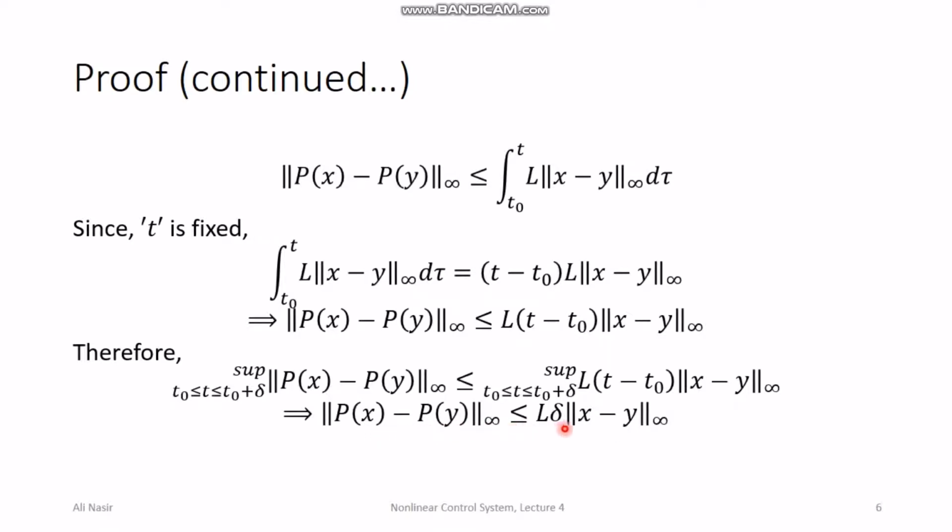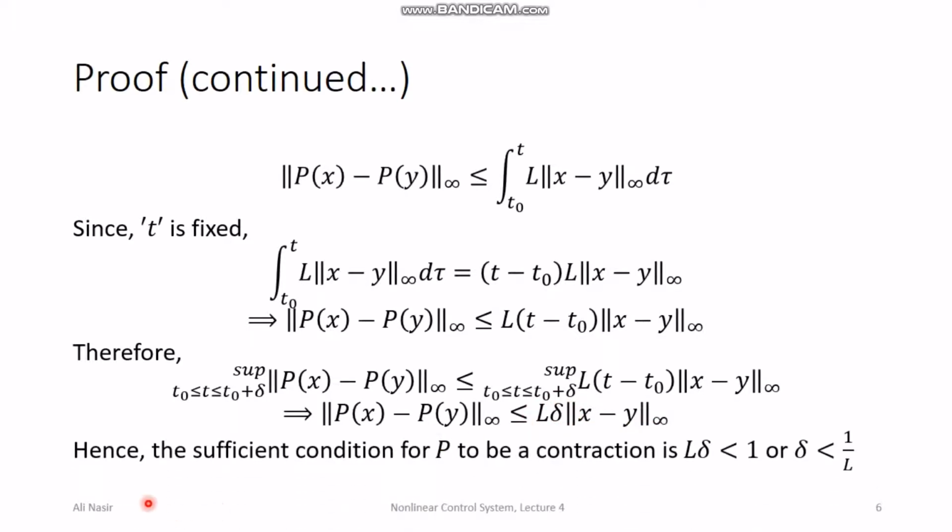Now if you look closely, the norm of p of x minus p of y is less than or equal to L delta times the norm of x minus y. Hence the sufficient condition for p to be a contraction is L times delta less than 1, that is, delta, the interval of existence of the solution, must be less than the reciprocal of the Lipschitz constant of f of x, for which Lipschitz continuity is given in the theorem.